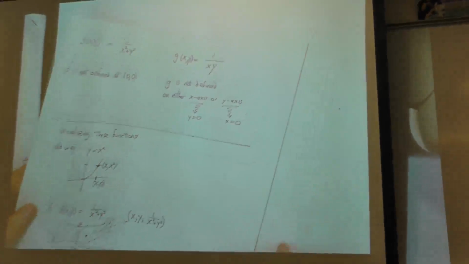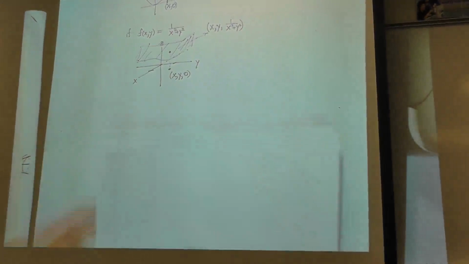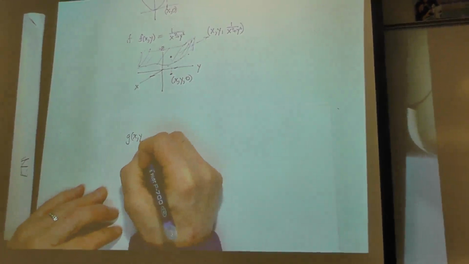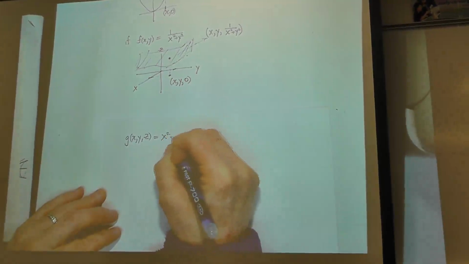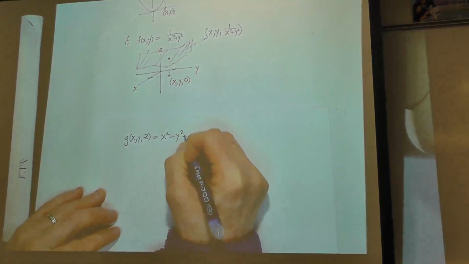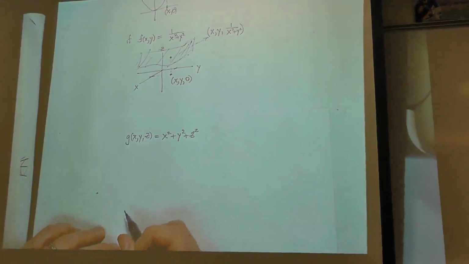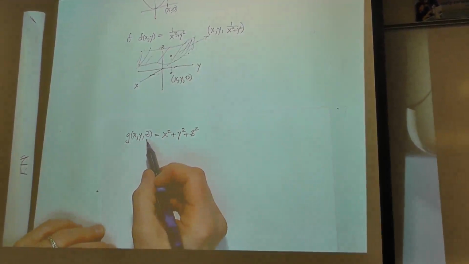But let me observe the troubles, or the limitations, I guess I should say. If I define g of x, y, z to be x squared plus y squared plus z squared, then my domain is in 3-dimensional space.